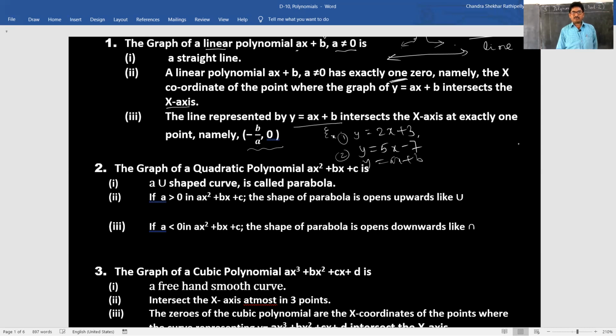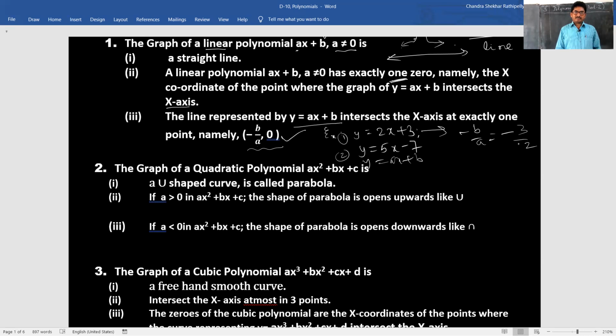So what is the intersecting point of y is equal to 2x plus 3? Minus 3 by 2. Yes, very good. Without calculating, we can find the intersecting point using this formula.